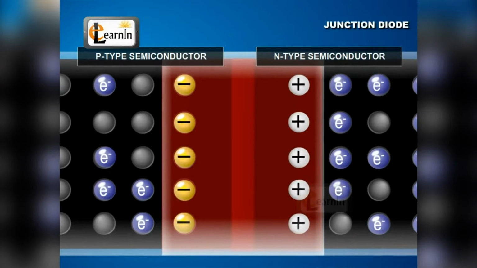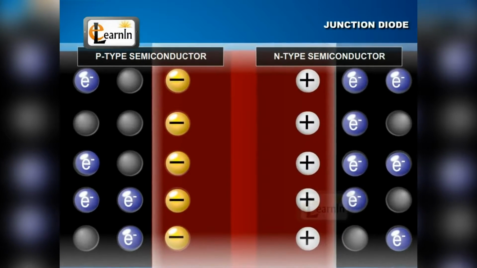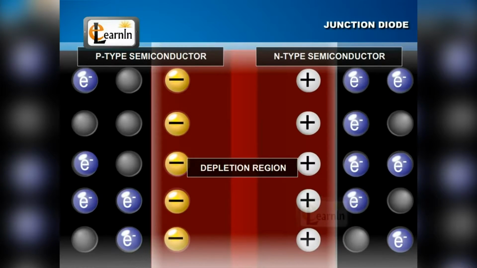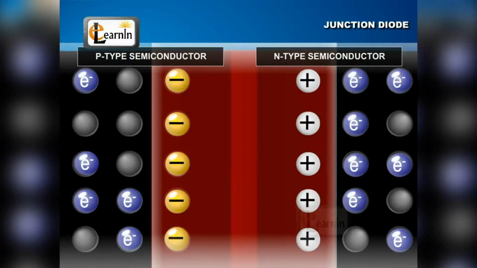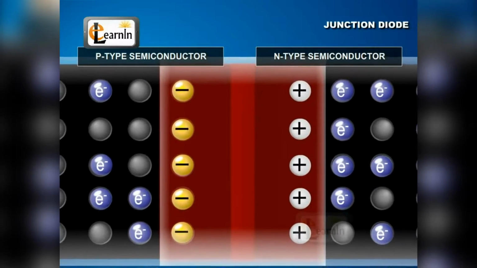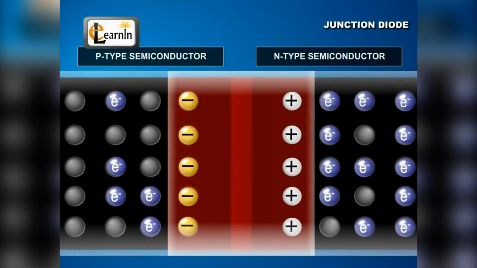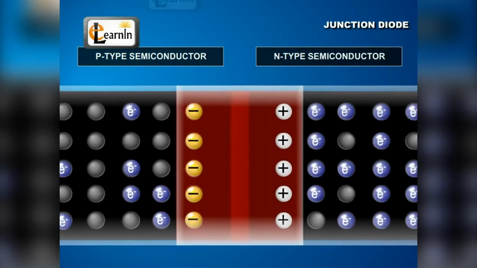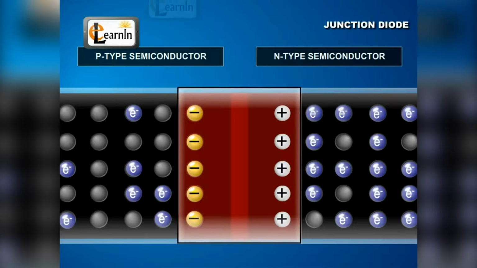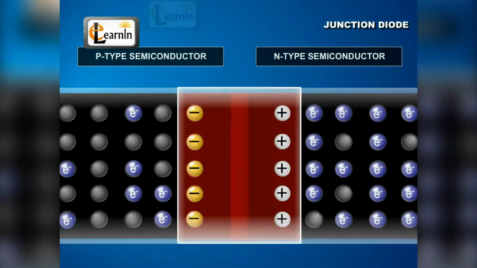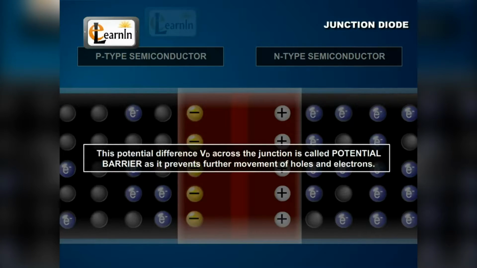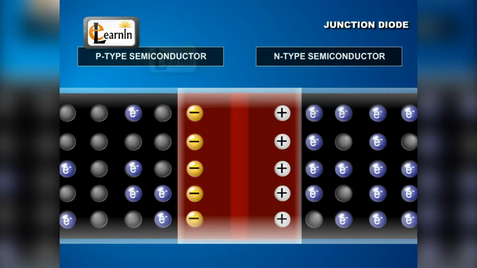The region close to the PN junction is depleted of mobile charge carriers and is called the depletion region. Since on either side of the junction J, stationary positive and negative charges exist, there is an electric potential difference of Vd between the edges 1 and 2 of D. This potential difference Vd across the junction is called the potential barrier, as it prevents further movement of holes and electrons. This combination described becomes a PN junction diode.